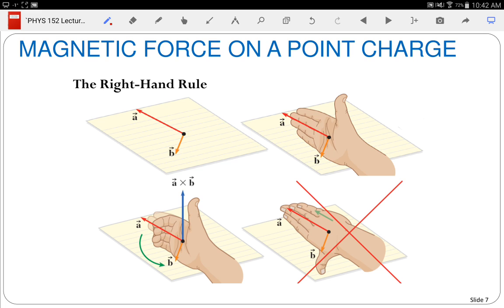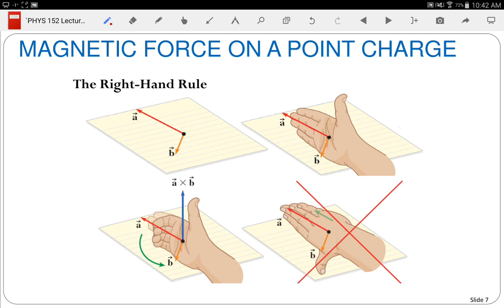And I'm going to keep my hand oriented like this in terms of the index finger. I can still rotate like this. That's keeping the index finger oriented the same. Then I position my hand so I can bend my middle fingers to point in the direction of B. So like this, I can bend my middle fingers to point in the direction of B. If I went like this, I can't bend my middle fingers to point in the direction of B. I can only bend them through that range.